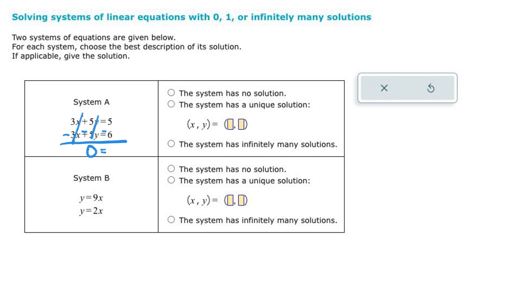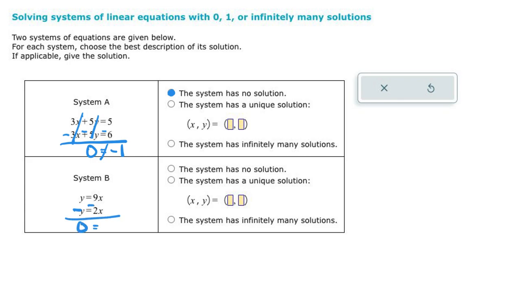So I have 0 on the left and I have negative 1 on the right. Since these are not equal, I know that this has no solution and I don't need to do any more there. For the second system, I can do elimination if I want to. My y's are still lined up and my x's are still lined up, even though they're not in the standard form that we're used to seeing. And I have two that are the same, but they're not opposite. So I'm going to switch those signs and then add.